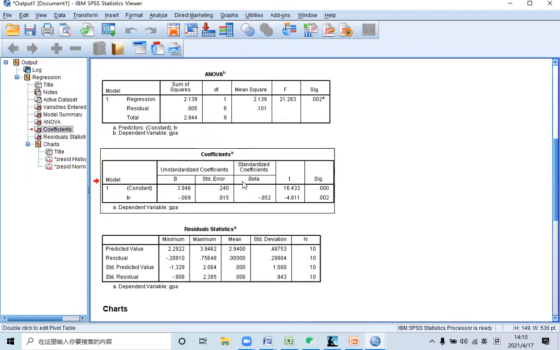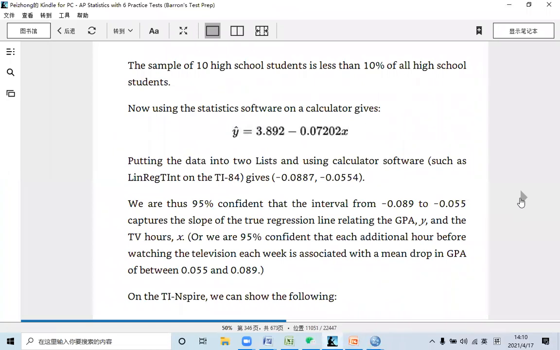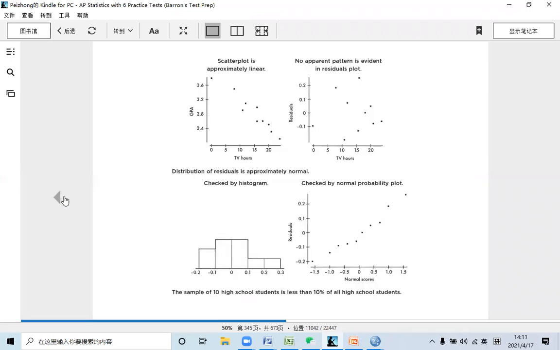Yeah, this one is the one we are interested in. Constant is A. B is the slope. So 0.69. See how far we are from them.